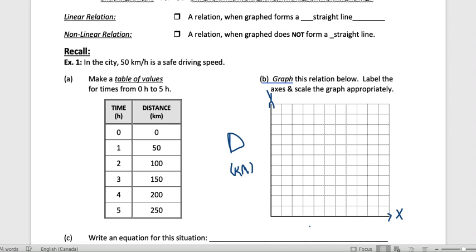And this is time in hours. So we need to scale this properly. For time, you can scale every other one just to spread your graph out. You don't have to, but I'm going to.